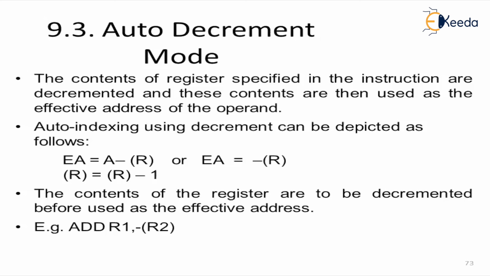Now the content of the register is to be decremented before it is used as the effective address. So add R1 comma minus (R2). Here whatever value you get is decremented and then added to the value of R1. So this is how your auto decrement mode takes place.